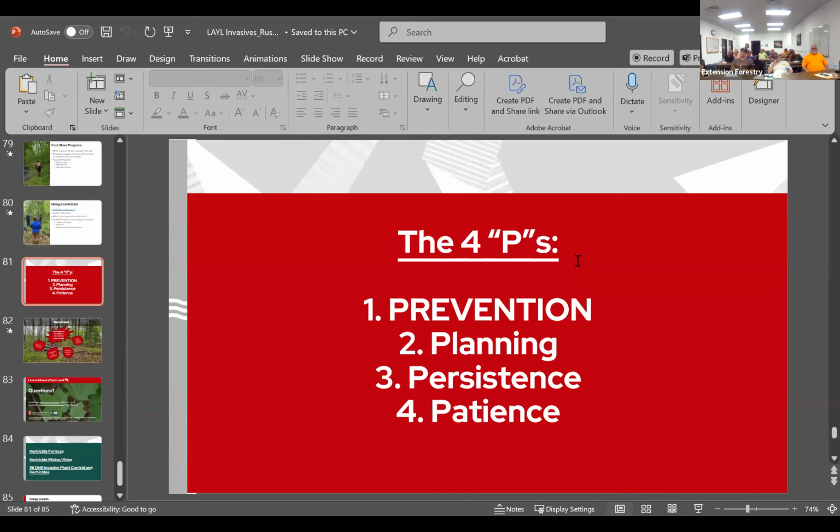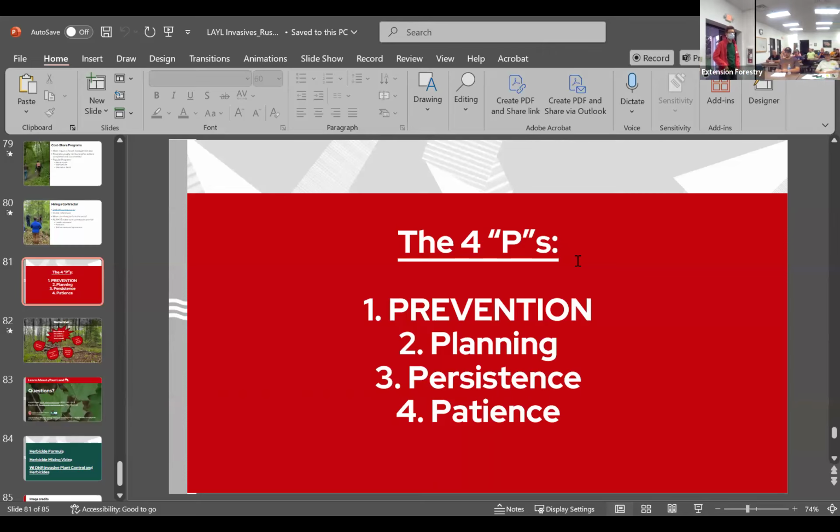So actually getting it eradicated may be a pipe dream, that may never happen, even if you went out there every year spraying and pulling and cutting and whatever Keith told you to do, you still might not be able to get it all. Probably better to do what Keith said, identify those little areas where you know it's a small enough pocket, I can take care of this, but if it's through 10 acres of your woods, that's probably too much for you to ever treat, mow, pull, etc.